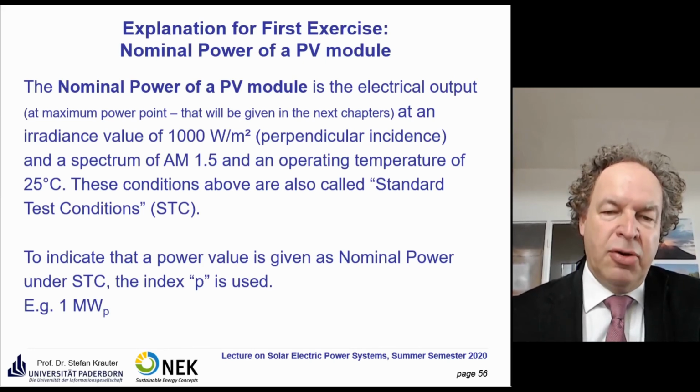These conditions are called standard test conditions. You see if power is related to standard test conditions, you have put an index P. That means under these conditions this power could be reached, and this, for example, is 1 megawatt peak.